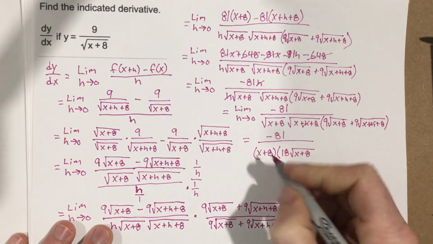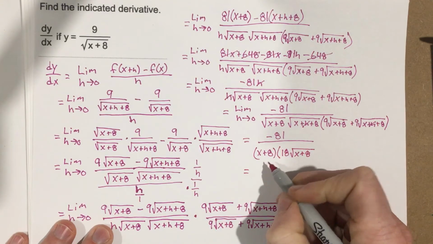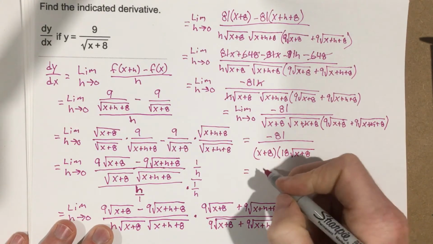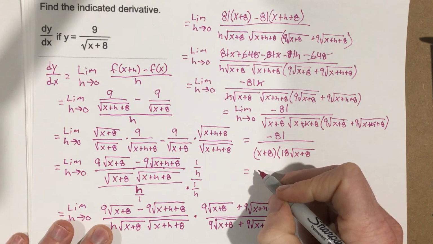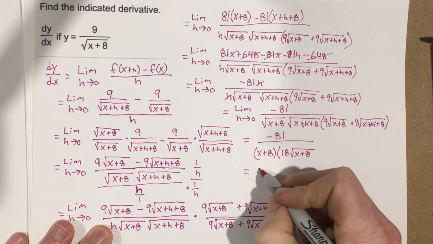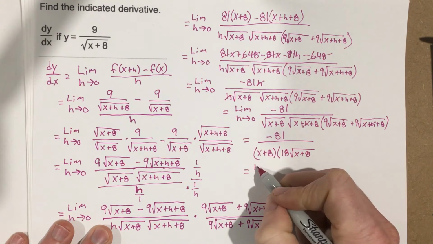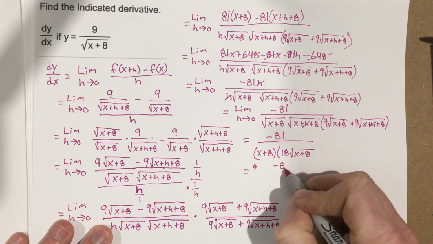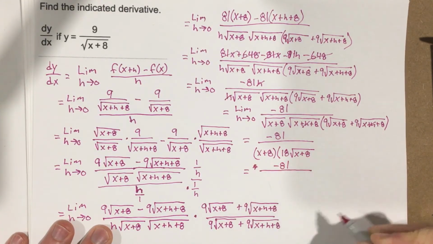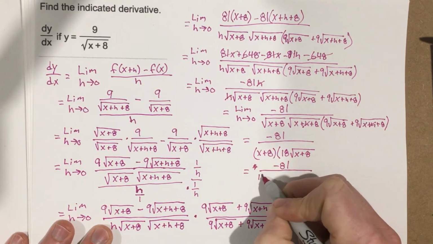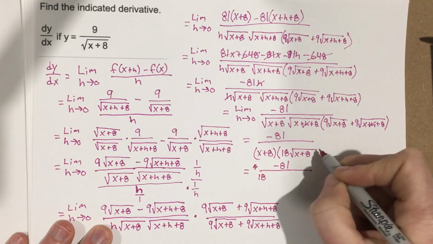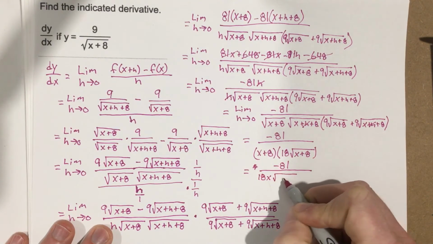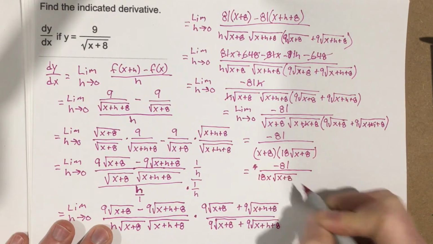So we end up with, well, if we multiply this out, this would be 18x. So let's go negative, hold on a second. We're going to go negative 81 over 18x root x plus 8.